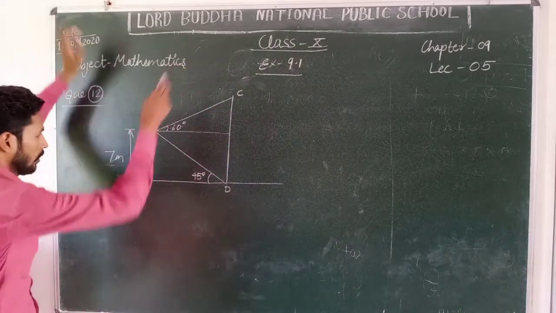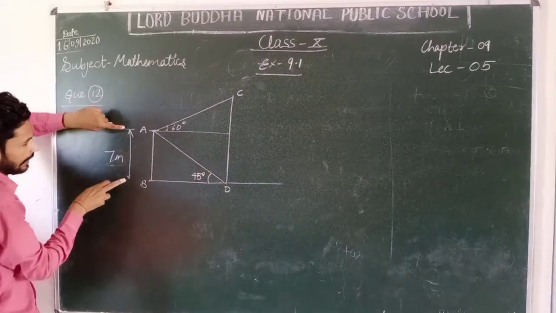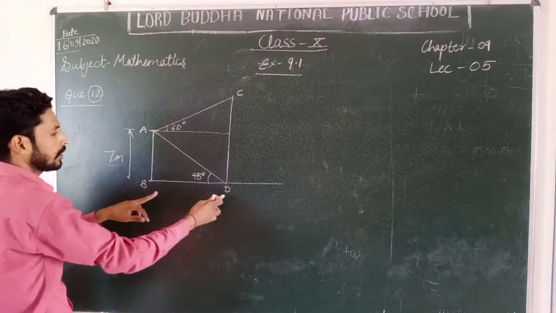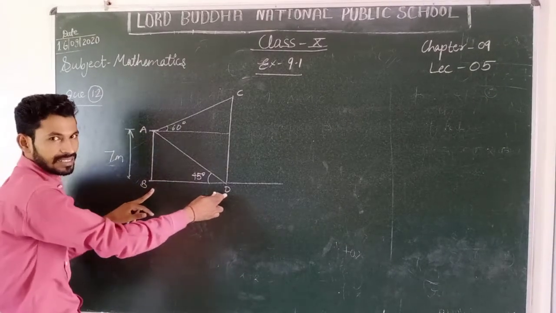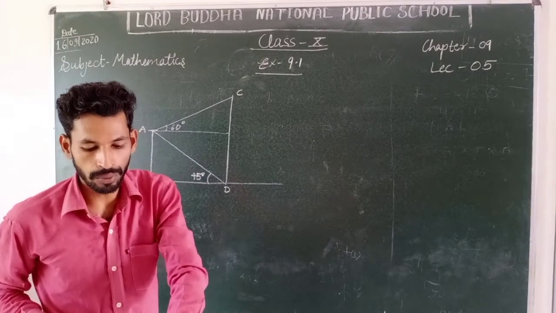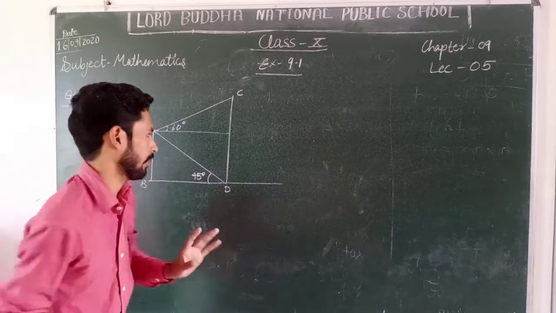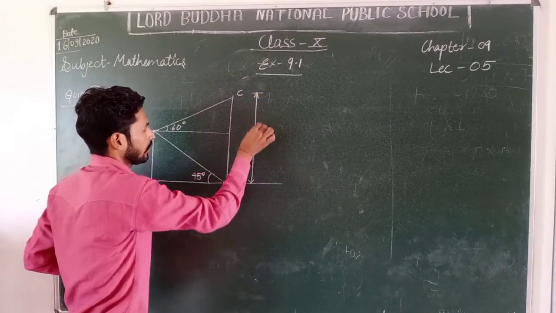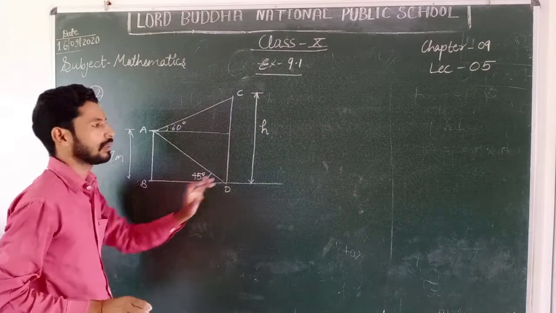So here the height of the building is 7 meter, and now we can calculate the value of the base. In this question we have to determine the height of the tower. Suppose that the total height of the tower is h, let's assume it.